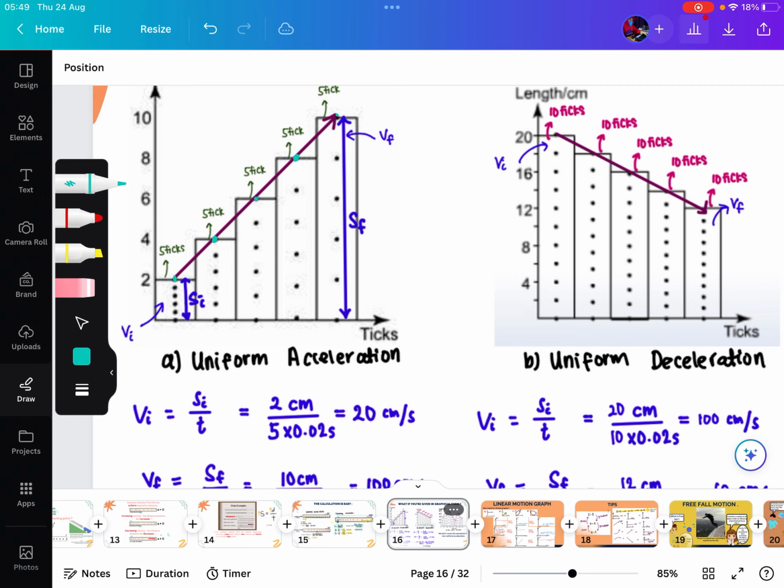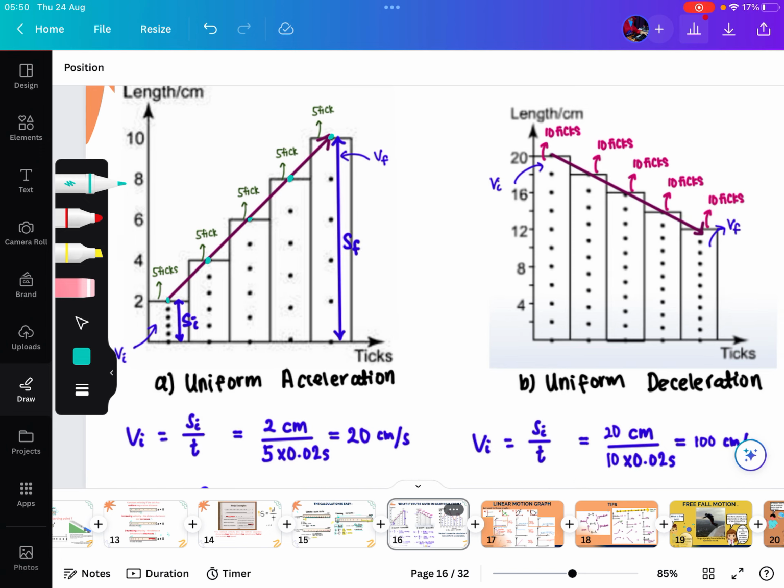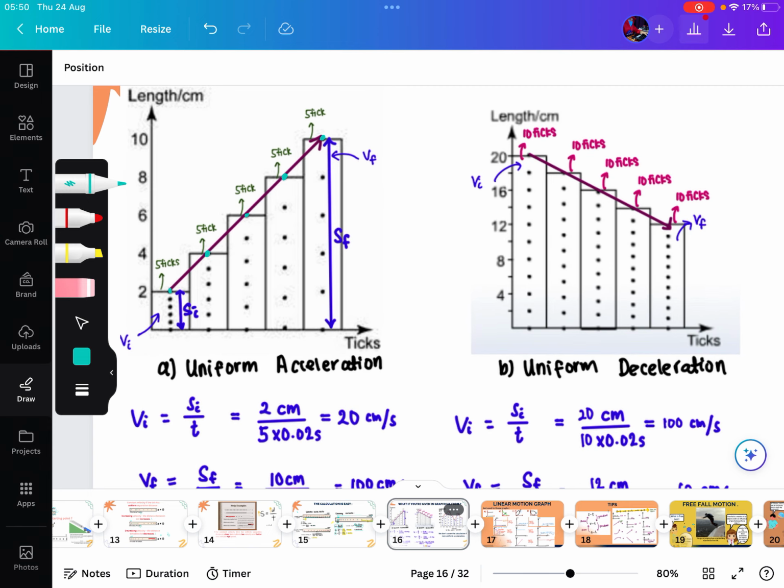If you connect the ending points of these strips, the 5 strips, and it forms a straight line, it means it is a uniform acceleration or constant acceleration.